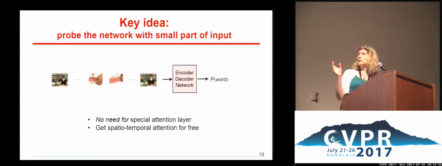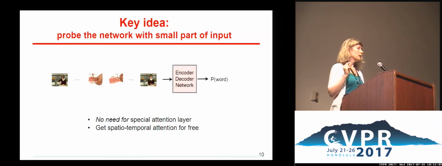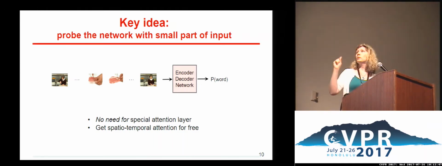So what we want to do is take the sequence of input, here I'm showing frames of the video, and take just one frame and probe the network with that frame and see what is the probability of the output word in the sentence. This will lead us to a way to compute spatial and spatiotemporal saliency maps. And the nice thing is that we don't need any special attention layers, and we will get spatiotemporal attention for free, essentially.